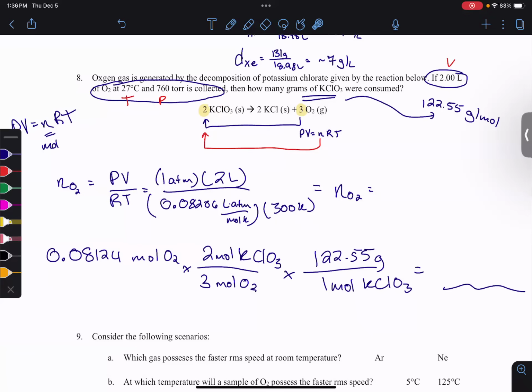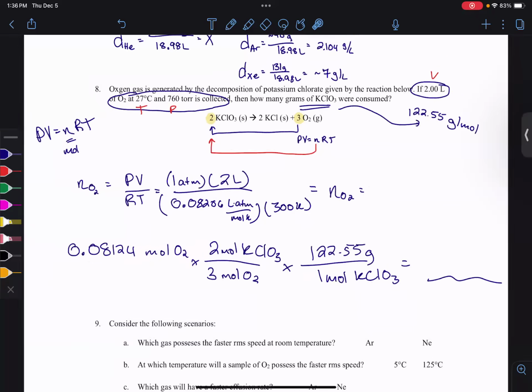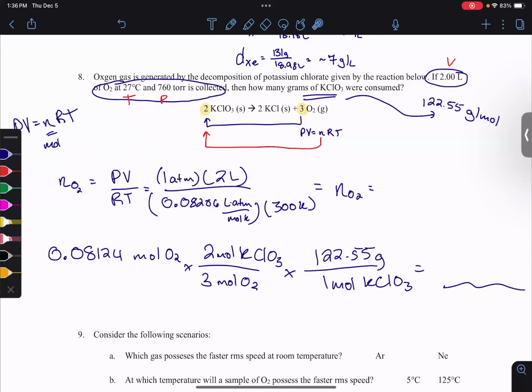In chapter 4, when we worked with molarities, molarity allowed us to get to mole amounts to use the balanced chemical equation. So now in chapter 10 with gases, we're using PivNert to get to moles to use the exact same balanced chemical equation. None of that is different. The only thing we're adding here is PivNert.